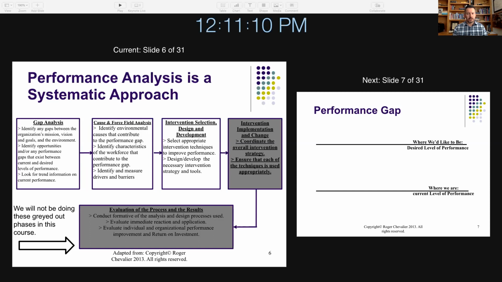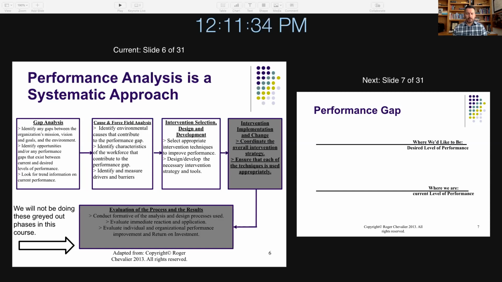The next phase is the intervention selection, design, and development. This would follow the causes because you want those interventions to be specific to address those causes. The next step would be implementation of the recommendations or the solutions.